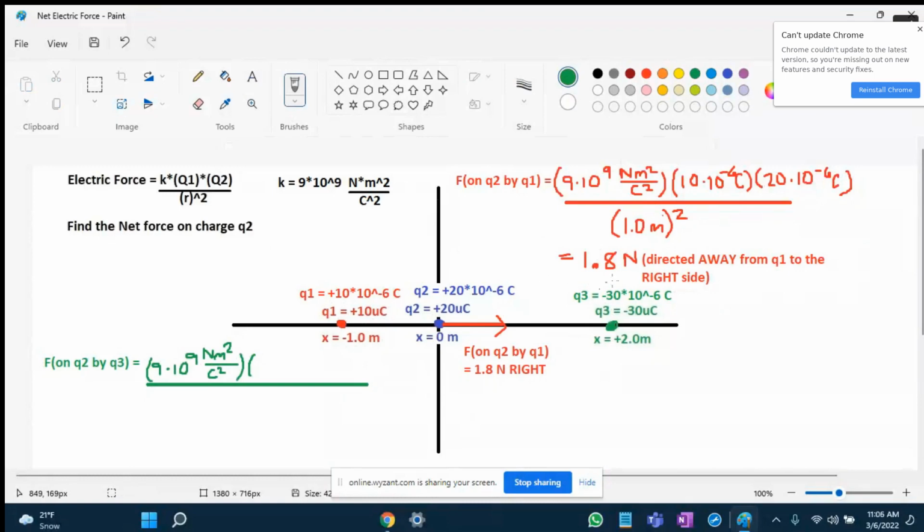Now, for Q3, we only need the magnitude, so it would be 30 times 10 to the negative 6. We can ignore the sign when calculating the value of the force, but the direction of the force depends on the signs. In this case, it's a positive and a negative charge, so there would be an attractive force. So let's go ahead and calculate the magnitude of this attractive force between Q2 and Q3.